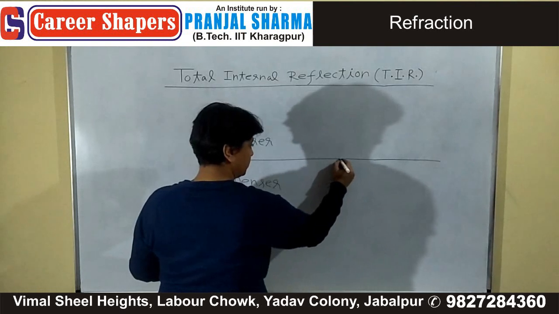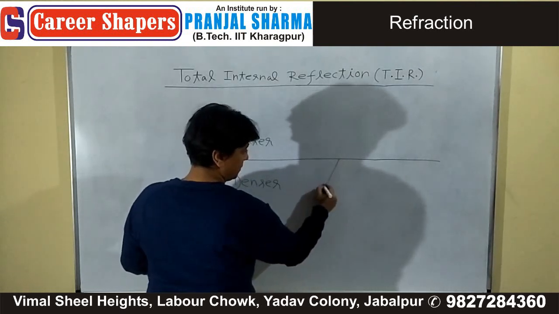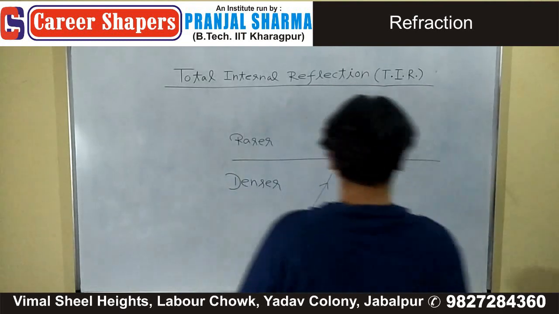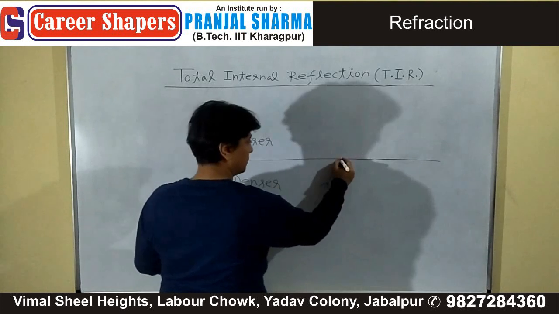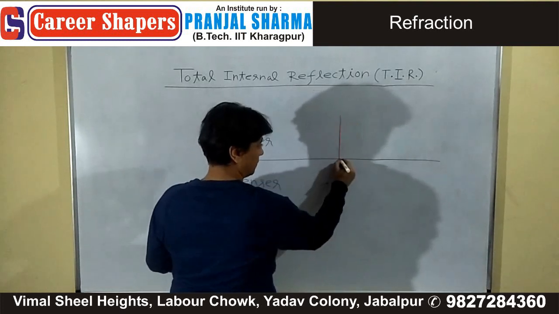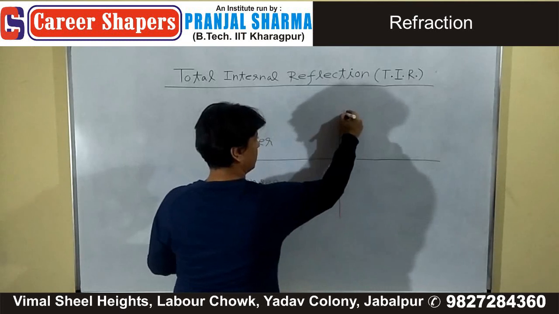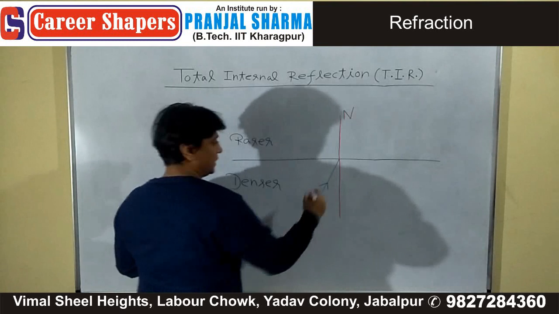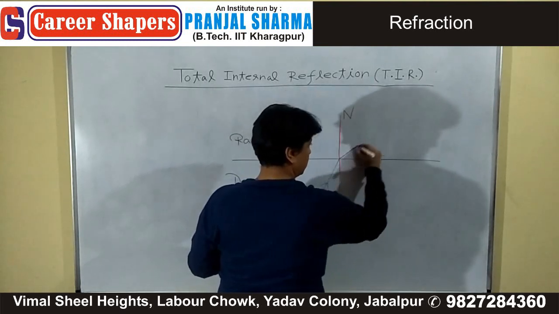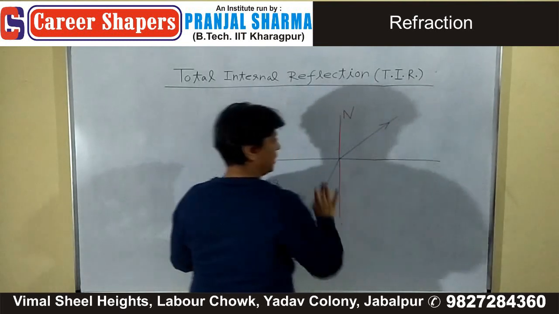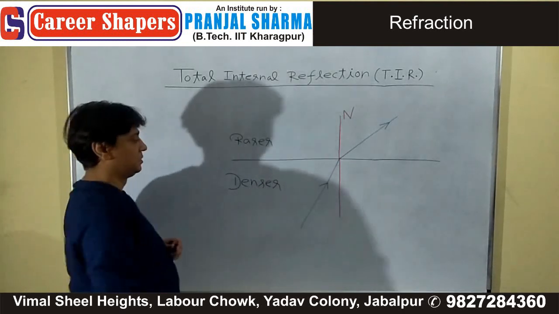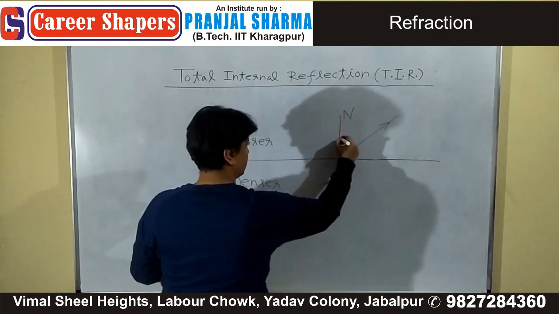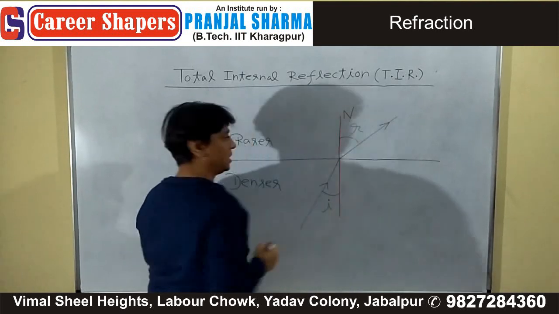This is the incident ray, and that's your normal. Then it deviates like this, away from the normal. This is I, this is R.